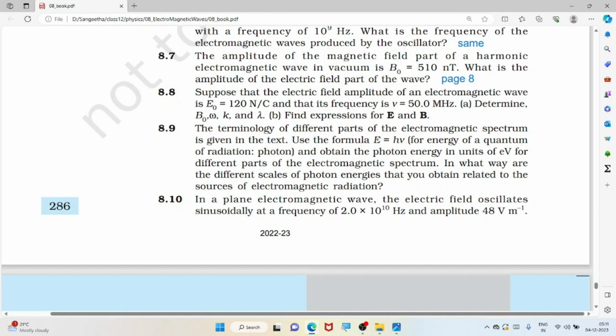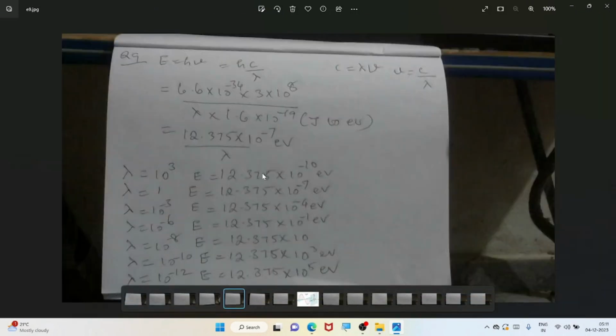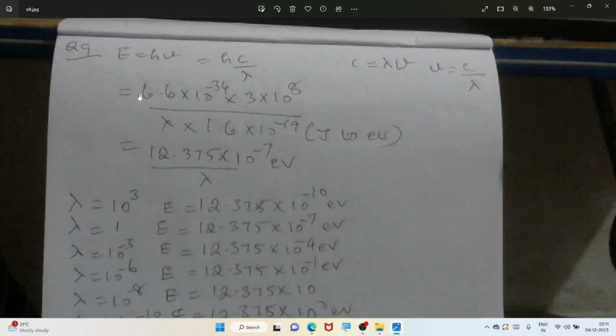Use the formula E equal to hv, where h is Planck's constant and v is the frequency of the light, to get the energy of the quantum of radiation, the photon energy, in eV. Frequency is the velocity of light divided by lambda, since C equal to lambda v.